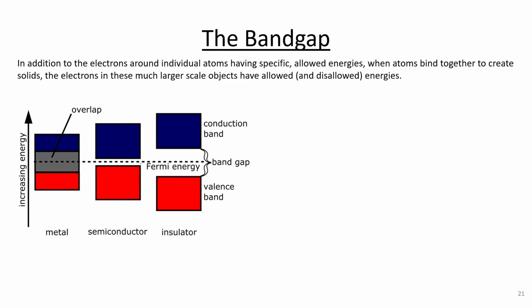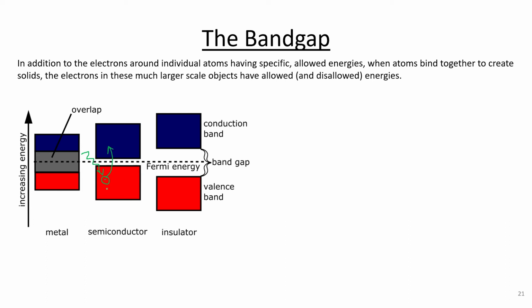If the photon has enough energy to bridge this band gap, and it hits a particular electron sitting in the valence band bound to its nucleus, and the frequency of this photon is high enough, then it can give that energy to the electron and promote it into the conduction band and allow it to move around.